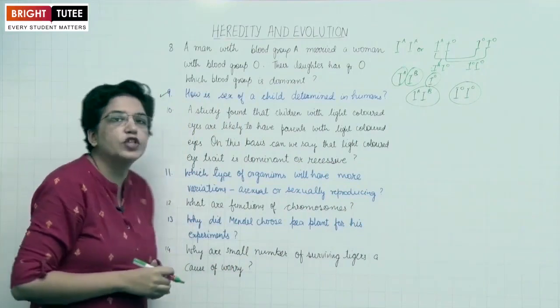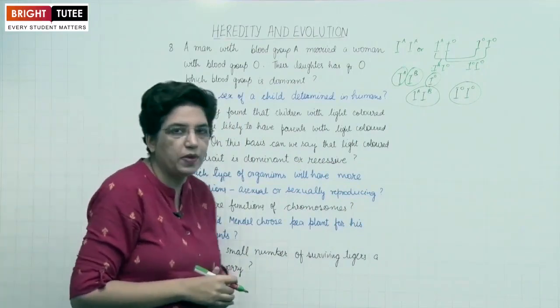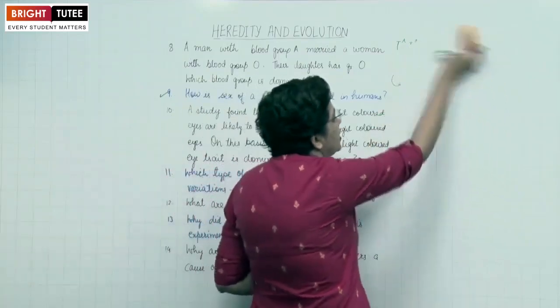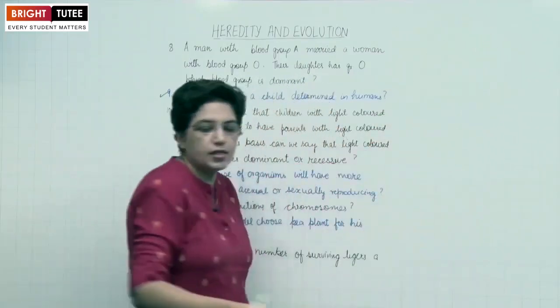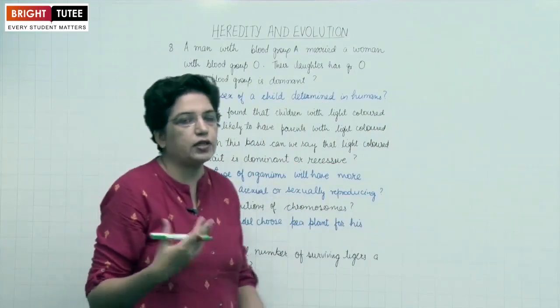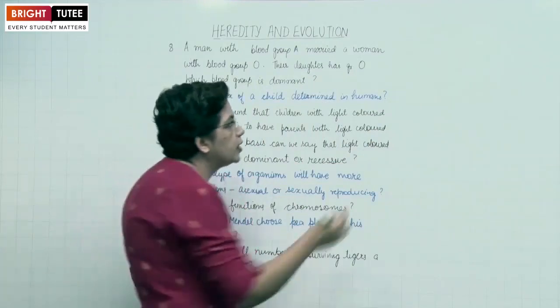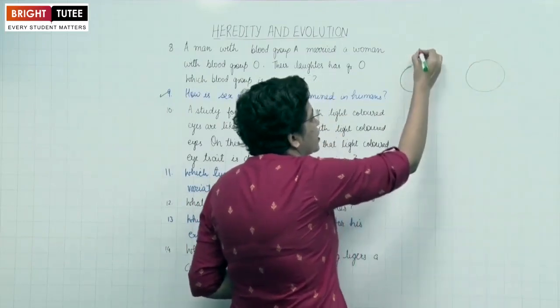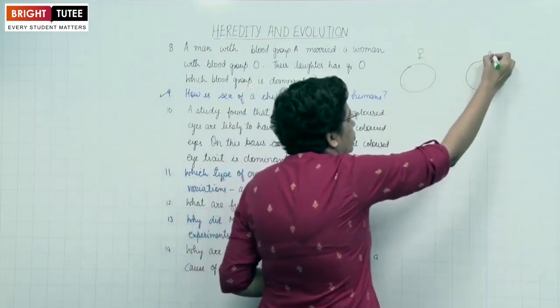How is the sex of the child determined in human beings? So, in human beings, as you know, sexual reproduction takes place. Half of the genes come from the mother and the other half comes from the father. A human being contains 23 pairs of chromosomes.